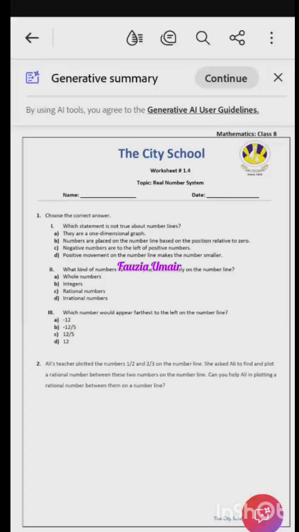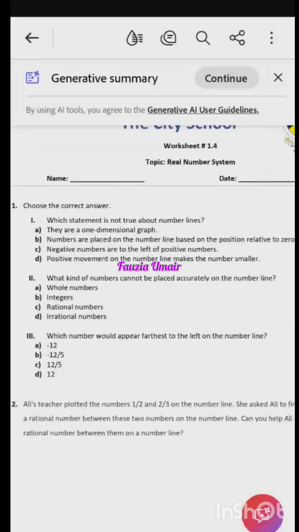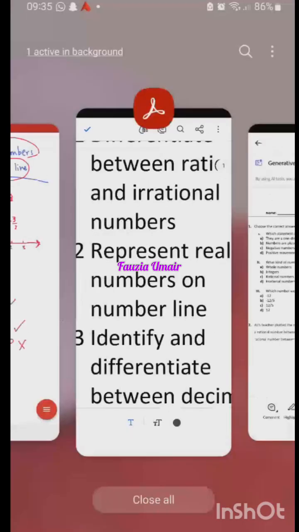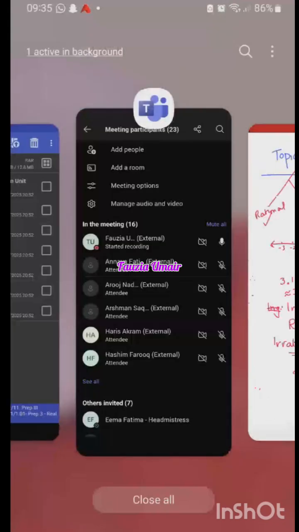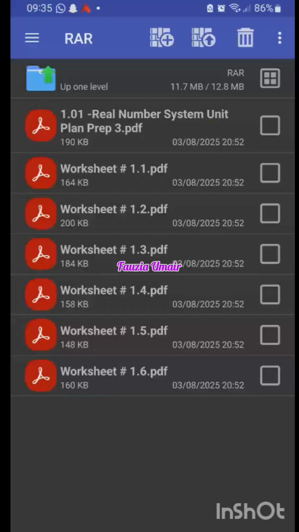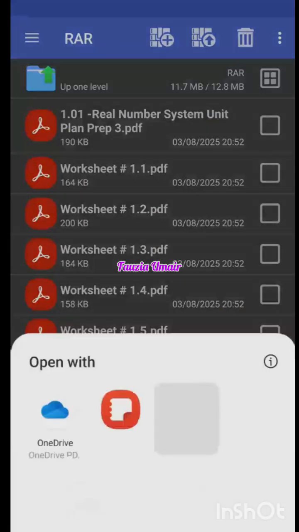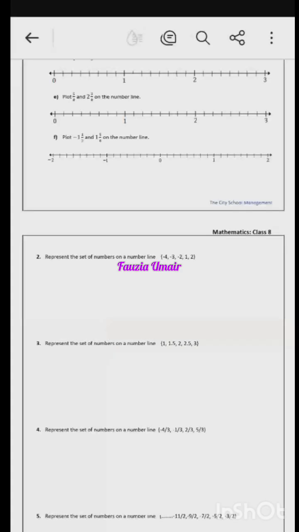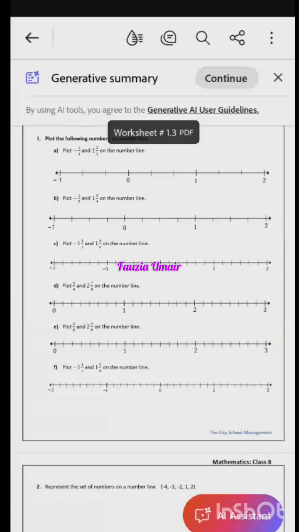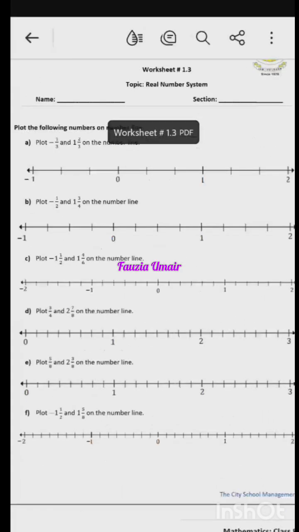So let's start with worksheet 1.3 first. Let me open that. I hope you can see them on the screen.